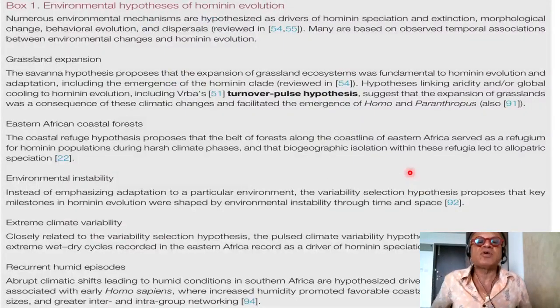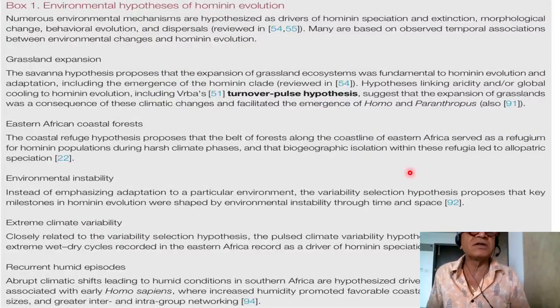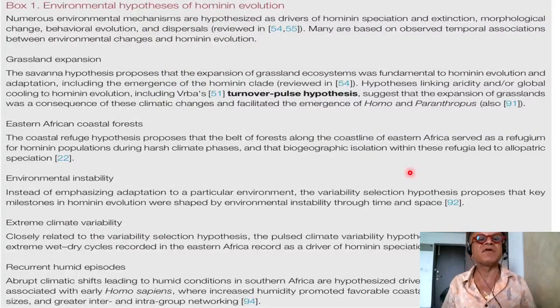So, the environmental hypotheses of hominin evolution. Just briefly, numerous environmental mechanisms are hypothesized as drivers of hominin speciation and extinction, morphological change, behavioral evolution, and dispersals. Many are based on observed temporal associations between environmental changes and hominin evolution.